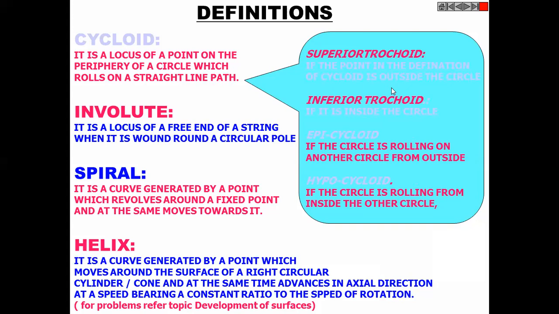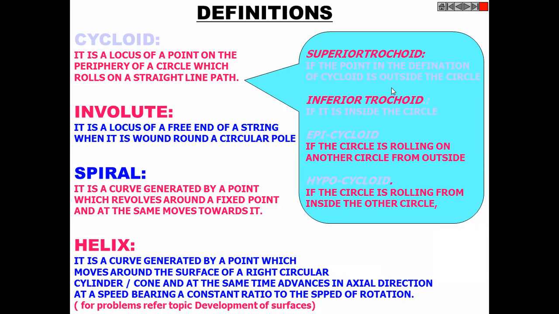Now if that point is outside the circle, if there is some imaginary point outside the periphery of that circle, we will stick with our earlier example of a vehicle tire. Suppose some polythene gets stuck to that tire on the way while we are traveling.